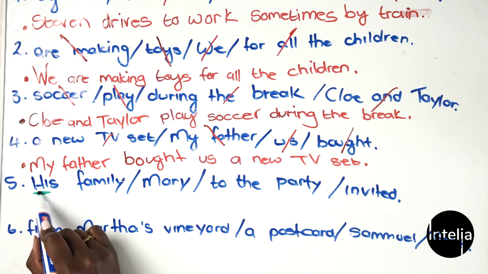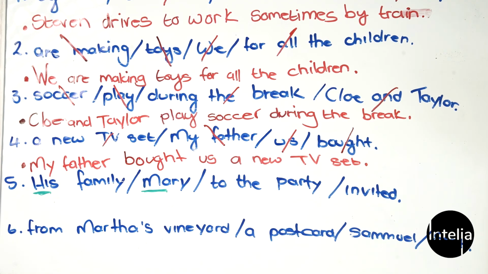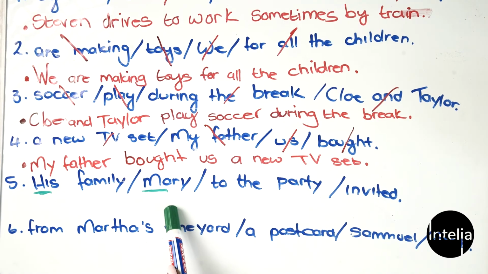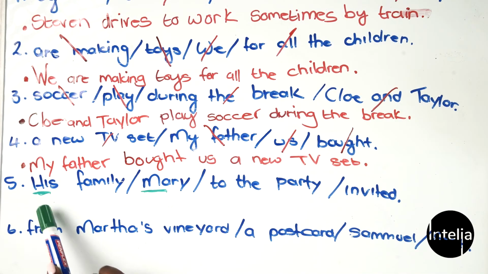His family starts with a capital and Mary starts with a capital. But which of these two will be our subject? Mary is a capital because it is the name of a person. His family does not have to be a capital because it is not the name of a person, place, or thing. Therefore, our subject is his family.